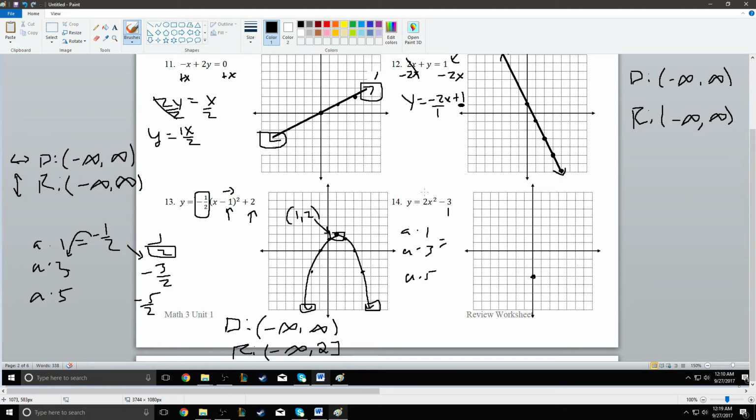So our a value is in front of x squared. It's always in front of x squared. That's our a. So 2 times 1 is 2. 2 times 3 is 6. And 2 times 5 is 10. So these are the numbers that you're going to use to find the rest of your points.